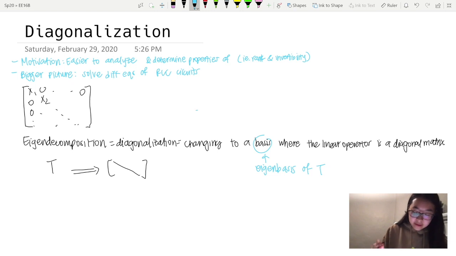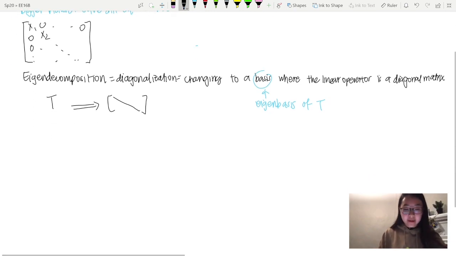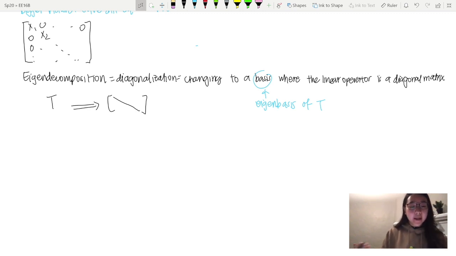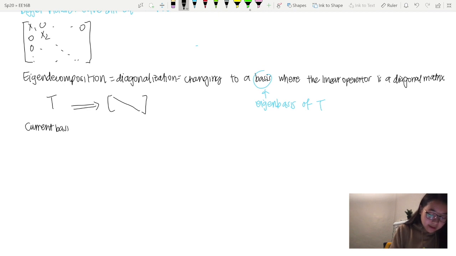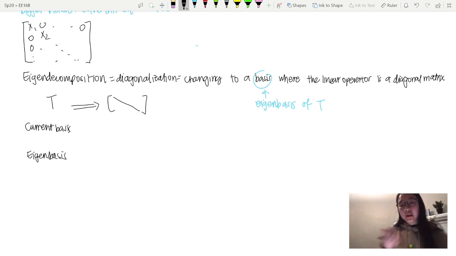Based on this change of basis, we can now derive the equation that is mainly used for diagonalization by drawing the same diagram that we relied on in the change of basis video. So in general, you have your current basis, and then you have the eigenbasis that you are changing all the coordinates into.